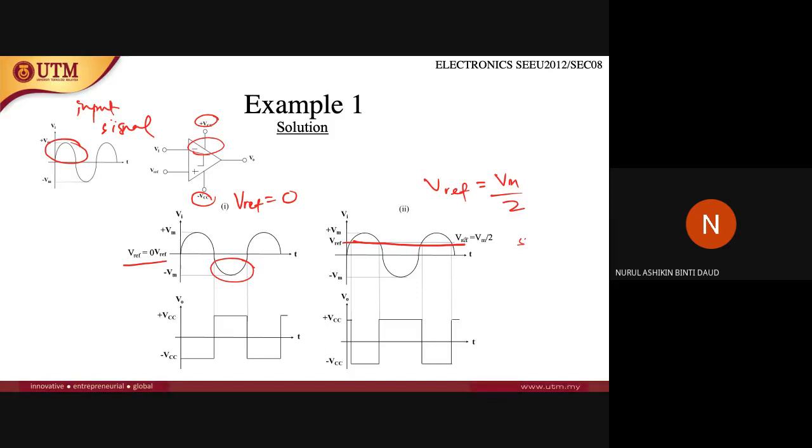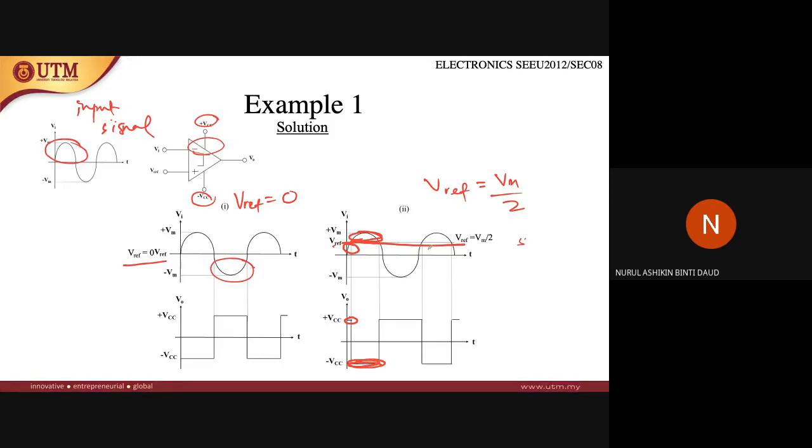From here, you can see that there is a value in the positive cycle which is lesser than the reference value, so the output will be positive at this point. Only a few values of the positive cycle are bigger than V reference, so only at this point will you get the minimum output value.